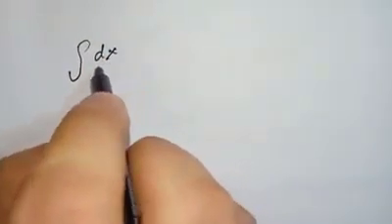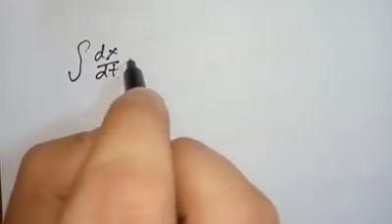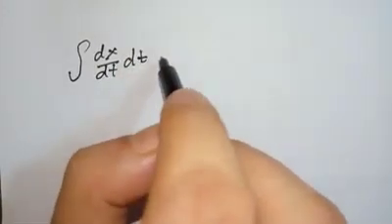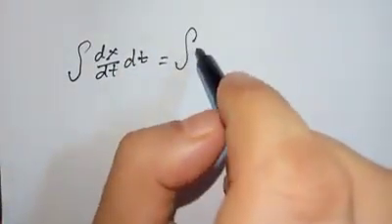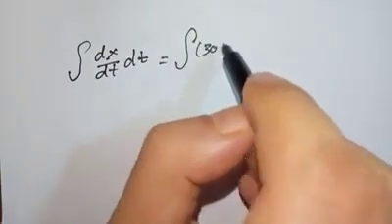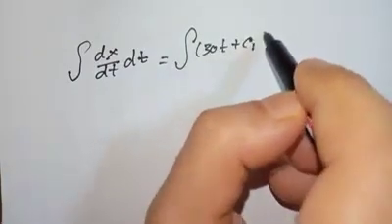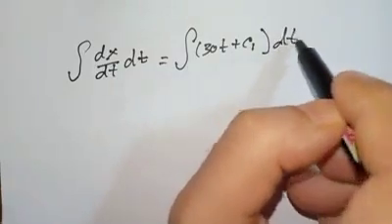We integrate the left hand side, dx/dt, equals the integration of 30t plus c1 dt.